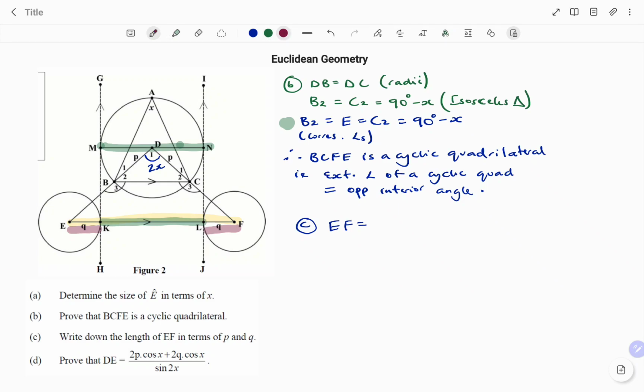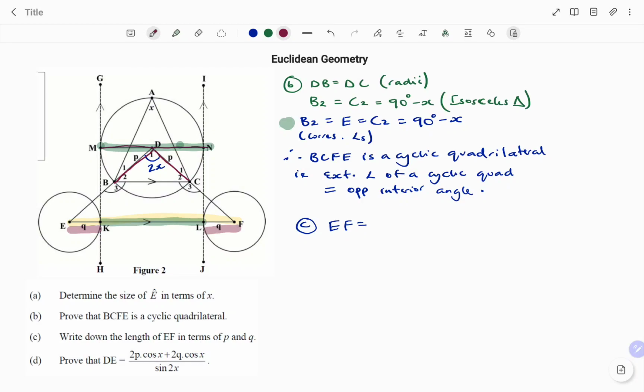And we know that if you look at the diagram, the point D is the center of the circle. So therefore, the line BD is the radius, MD is also the radius, likewise DC is a radius, and DN is also the radius.